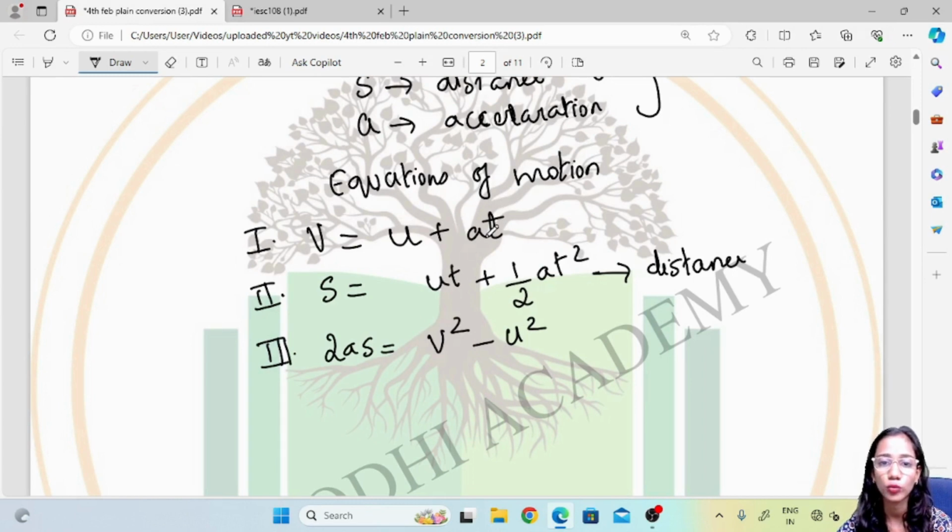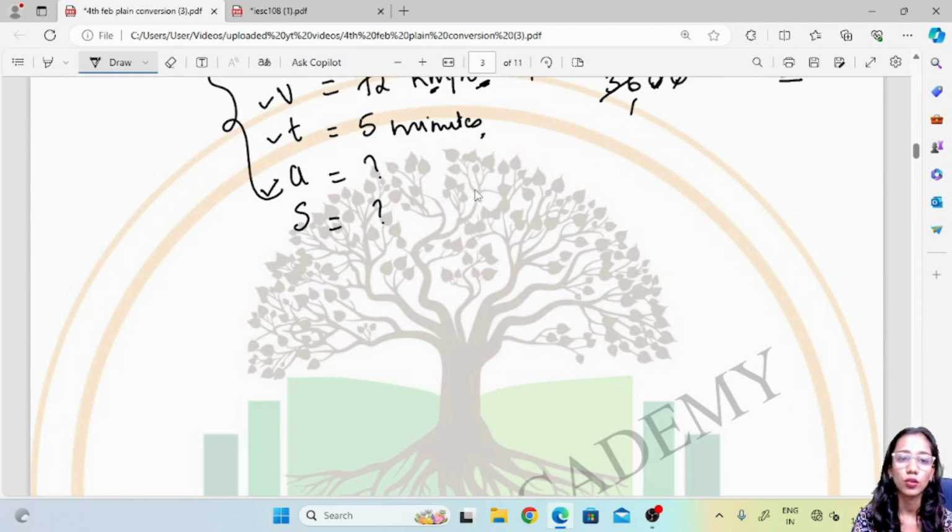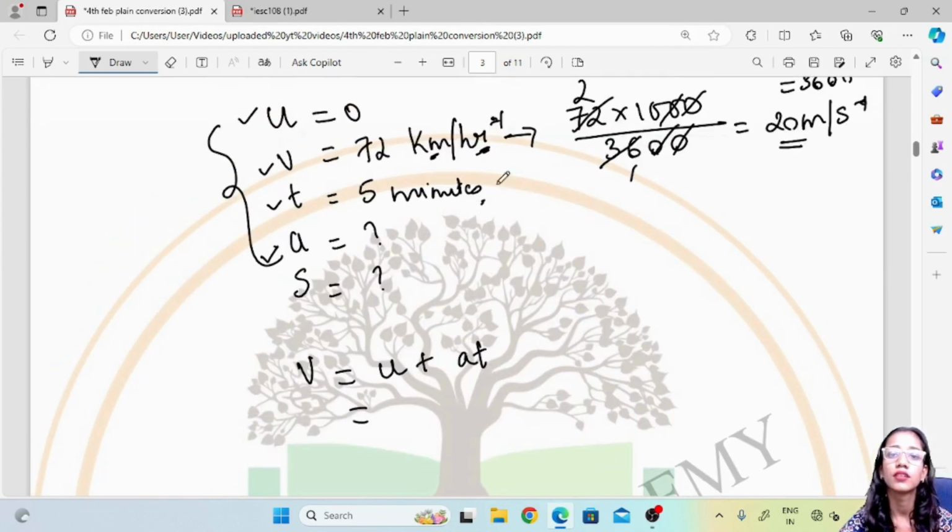So what has to be found is a. So v equals u plus at. v is 20 meter per second, u is 0, plus a, which we have to find, and t is 5.